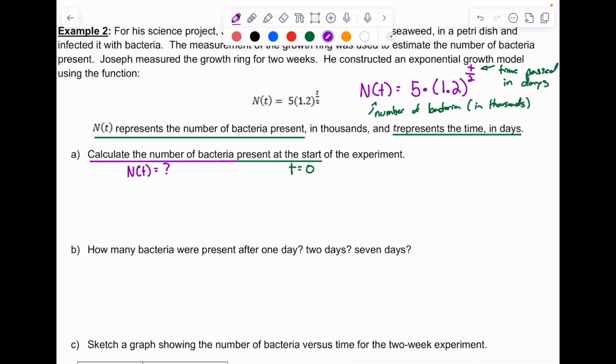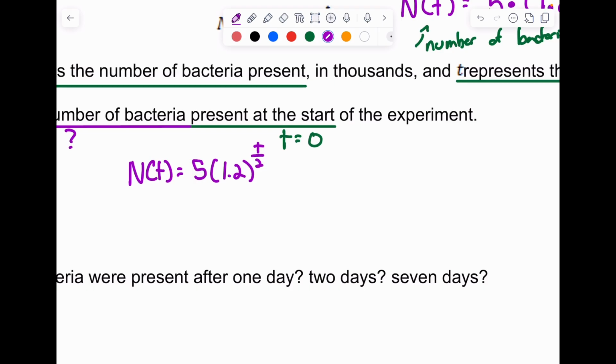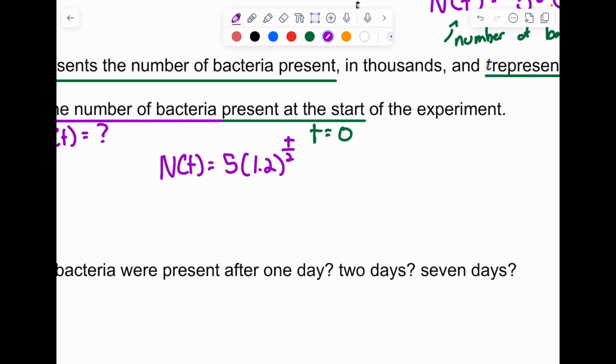That's what the problem's asking. And it is telling you to calculate it when t is 0. So if we have our formula, n of t equals 5 times 1.2 to the power of t over 2, well, I'm asking you to solve for n of t. So n of t, but you're calculating it at 0. So you're substituting in 0 for t.